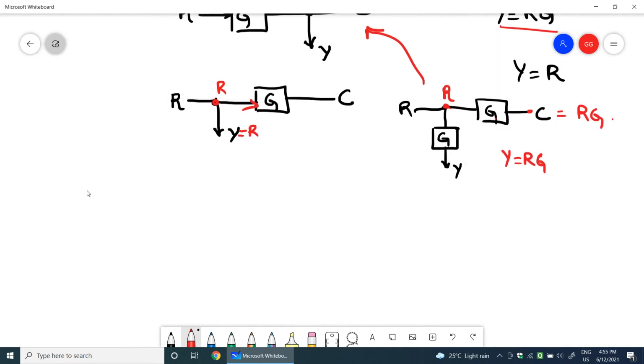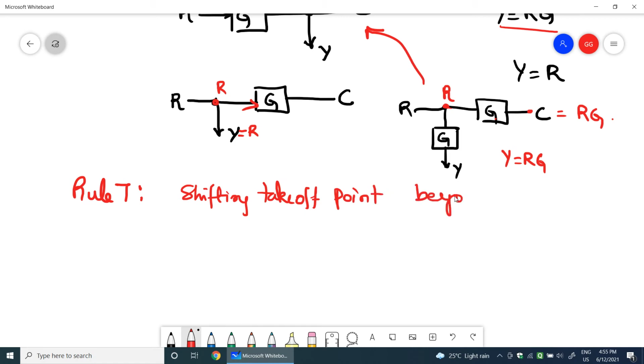So similarly, you shifted the takeaway point behind the block. In rule 7 we'll see how to shift the takeoff point beyond the block.